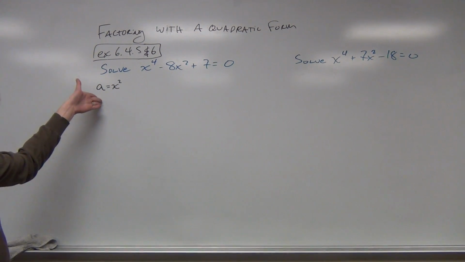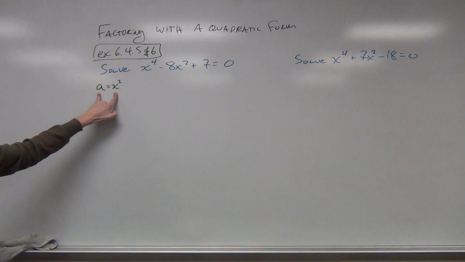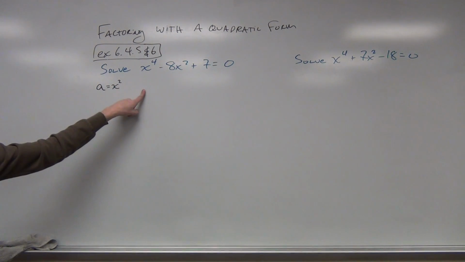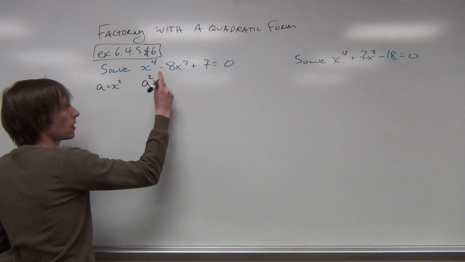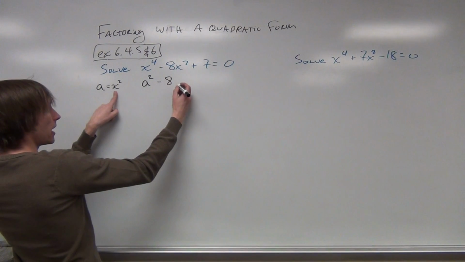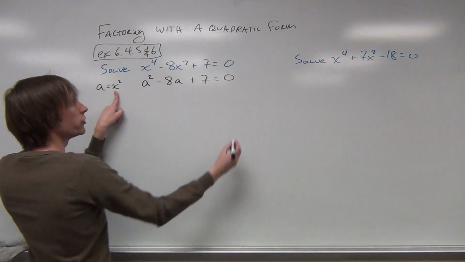The textbook that we use and the letter that I'm going to use here is a. So if a is equal to x squared, then a times a, or a squared, would be x to the fourth. So we can rewrite this as a squared minus 8a plus 7 is equal to 0.